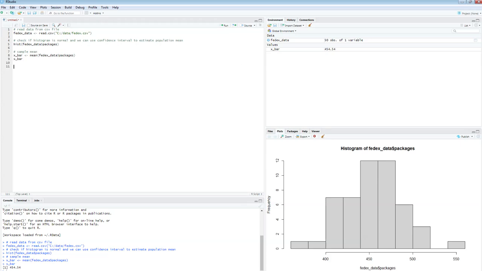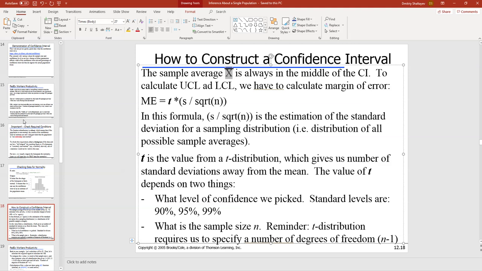So let's turn our attention back to the slides. How do we construct the confidence interval? Well, first things first. In order to construct the upper and lower confidence limits, I have to go up from X bar a certain amount, and down from X bar. That gives me the upper and lower confidence limit. How much? Here is the formula, okay?